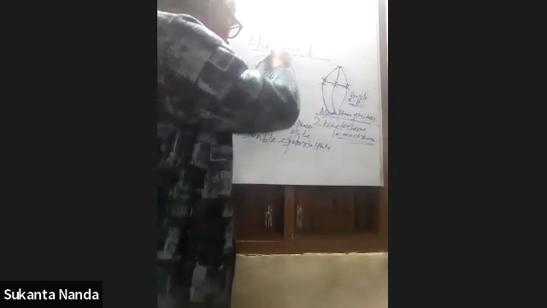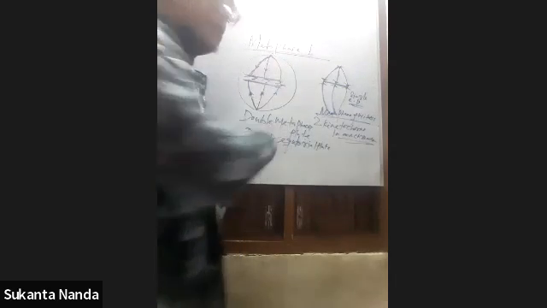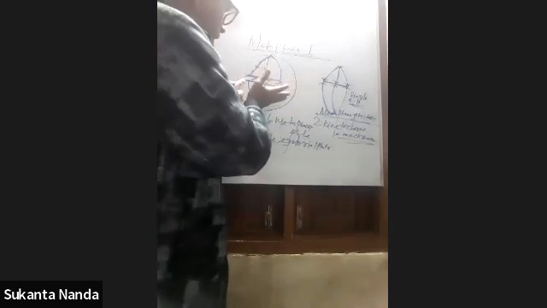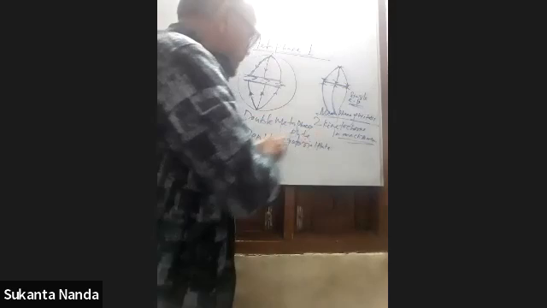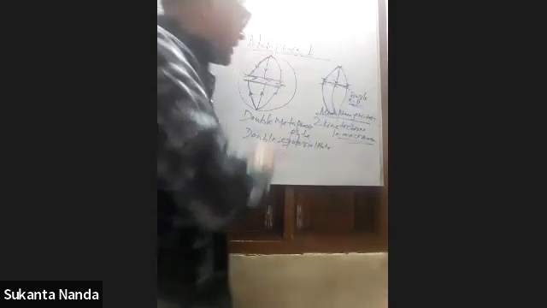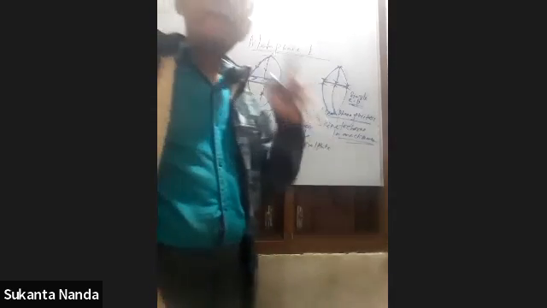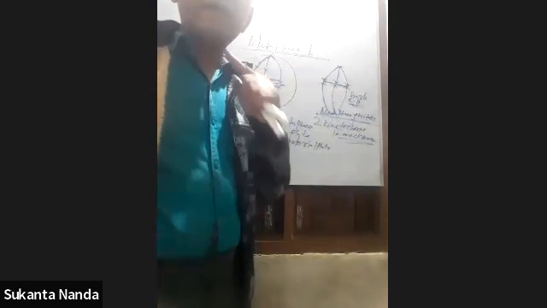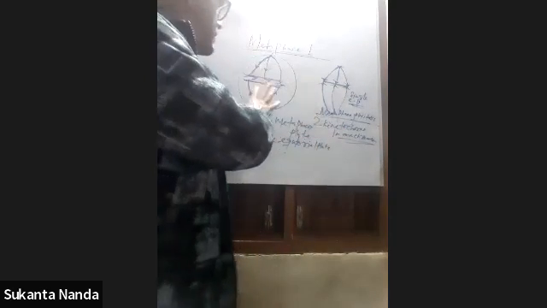Each spindle fiber joins one kinetochore. In this way they are attached and make a double metaphasic plate, or double equatorial plate. That is the basic thing in metaphase 1.